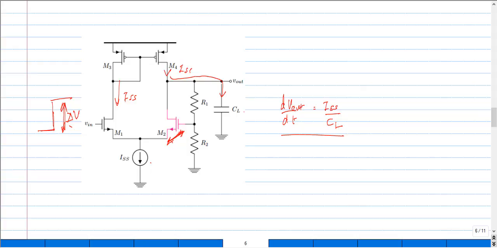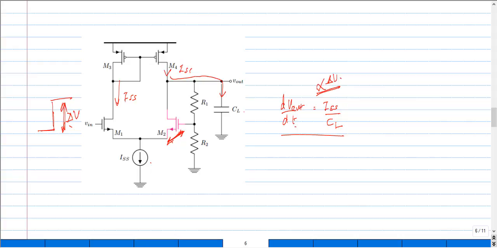By turning off this M2 transistor, we have broken down our feedback loop in the system. And the other fact here is that this dVout by dt term is not proportional to our delta V term, and that is actually the problem in this case. So I don't have a rate that is proportional to our delta V term, which means that our circuit is right now slewing.